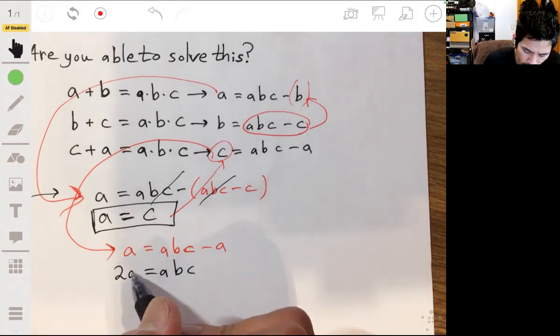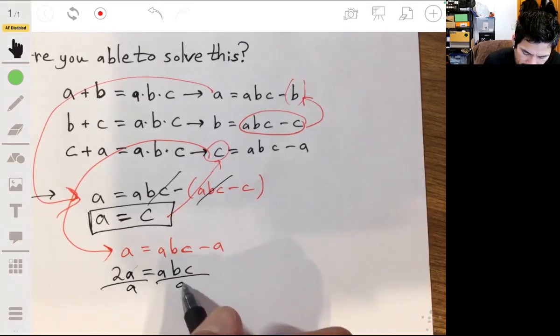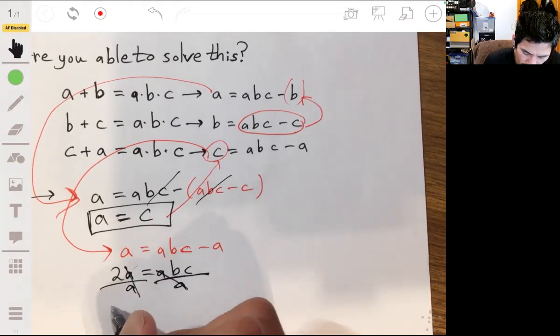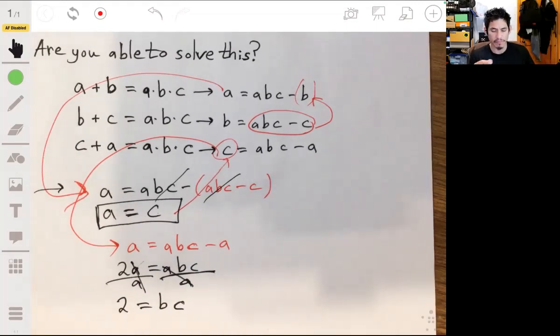And then let's now divide by A, assuming that A is not 0 in this case, but those would cancel in either way. So we get 2 is equal to BC, B times C.